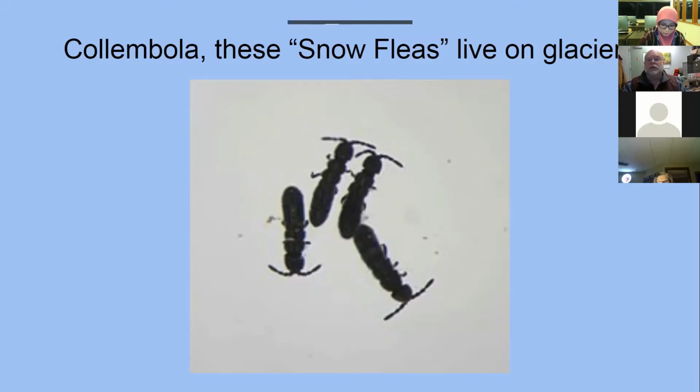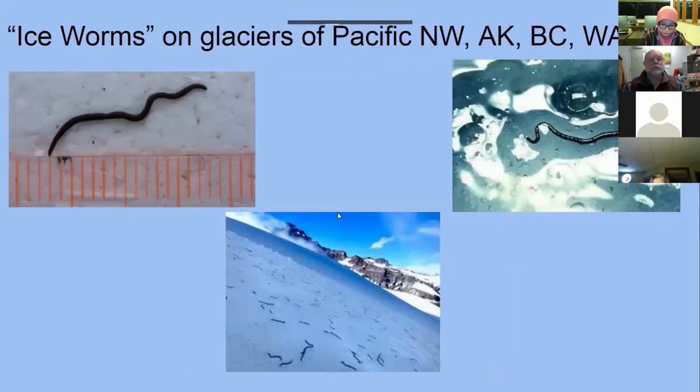Or you go to any stream side in the winter right now, and you pick up leaves that are at the edge of the stream, and there'll be Collembola all over them. But these are particularly called snow fleas because they live on glaciers, and you might actually see large aggregations of them.